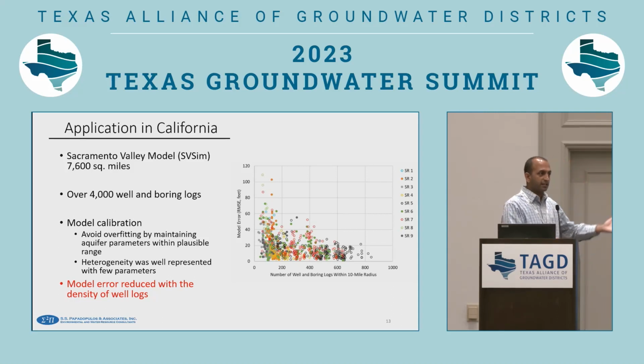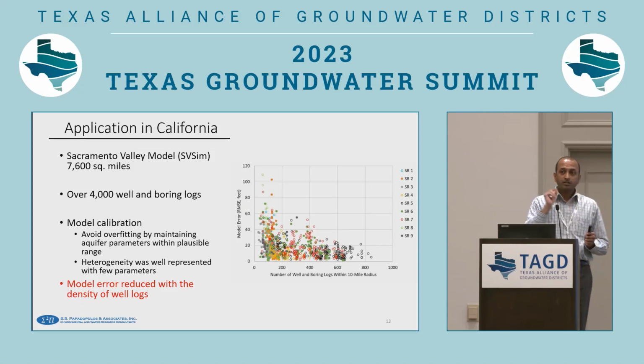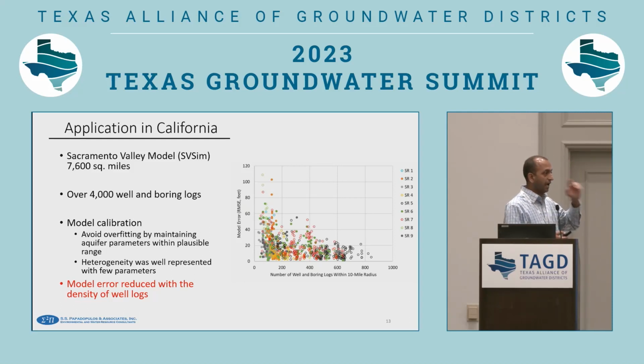What was encouraging to find out was that where you have a lot of well logs to inform aquifer parameters, that's where we saw the least error in the model. And that was quite satisfying to see that as you collect more information on the ground, that's going to feed back in the model and improve its performance. So that was the main message from this plot.